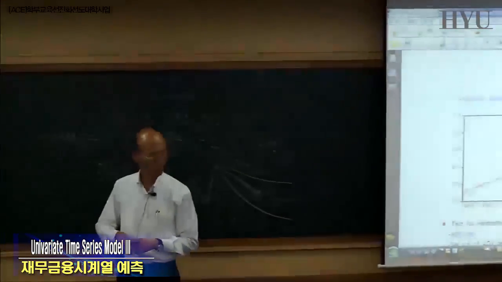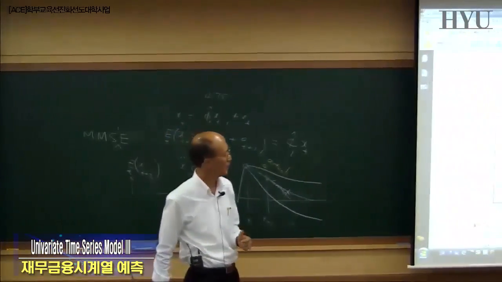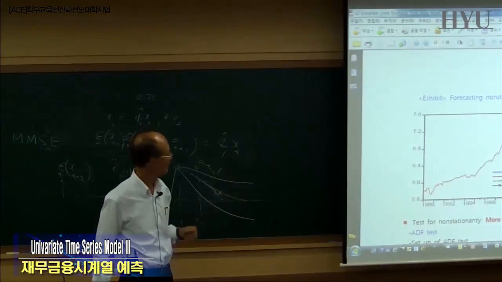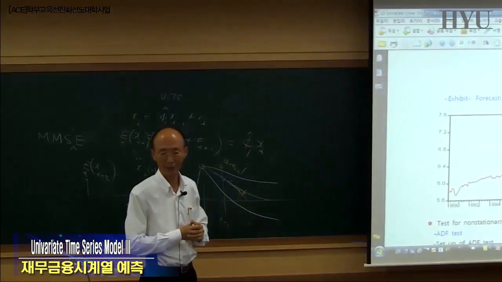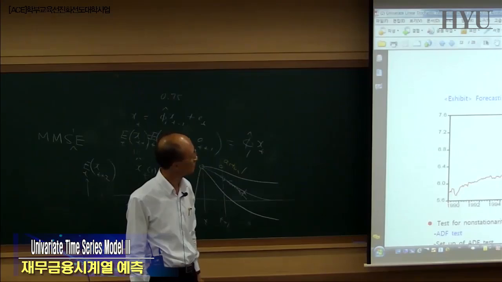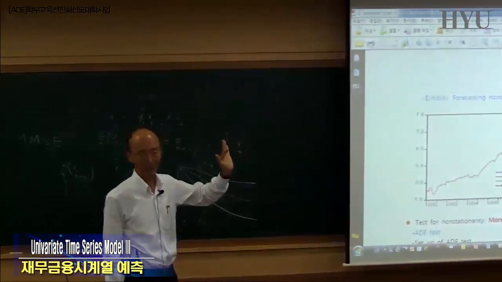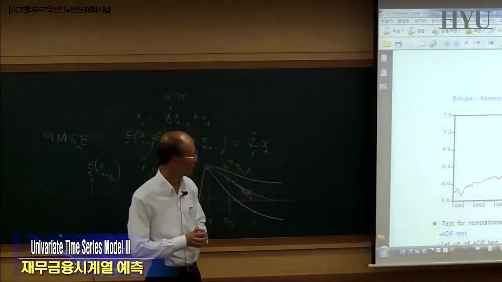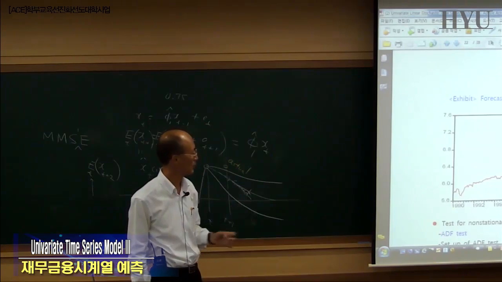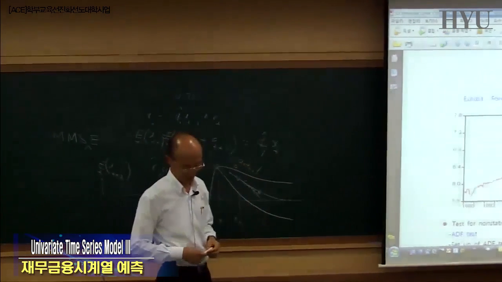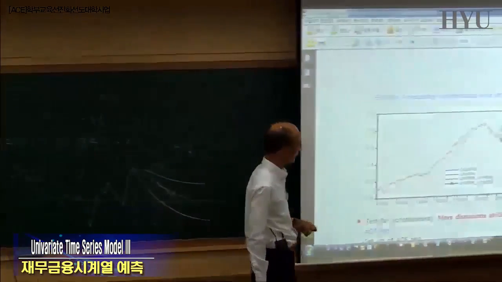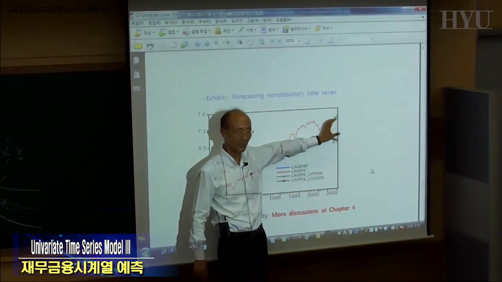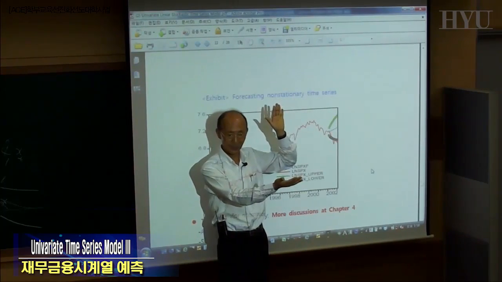Probably we need to spend another week, so 2 lecture hours to complete this. Or if we speed up, it takes about 1 more lecture hour. But because these are basics of basics, we try to spend some time so that we can follow this. So this is actually our first goal, to generate forecast and its uncertainty confidence band.